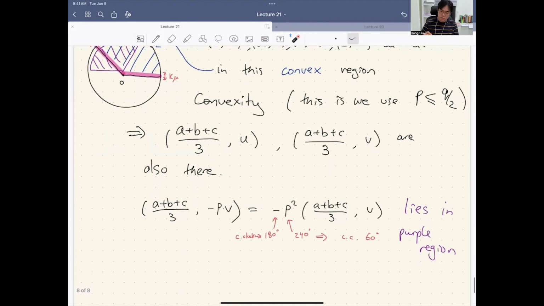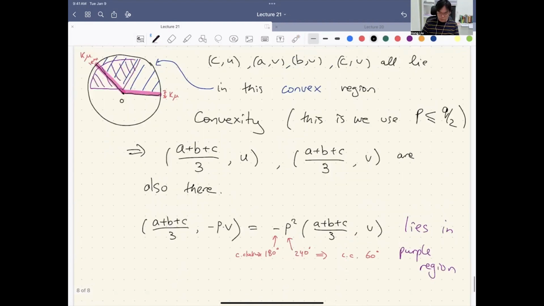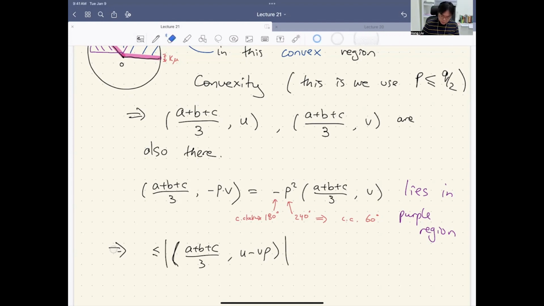All right. So this implies A plus B plus C over 3, the inner product with U minus rho V, this inner product. The norm is at least, by our definition, we scoop out this strip, so it's at least k mu.